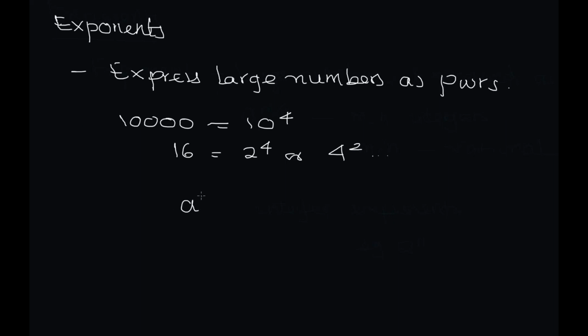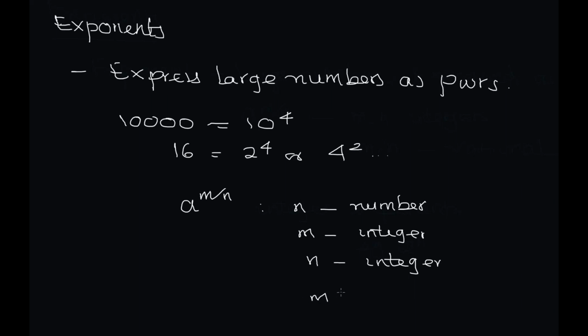So these are exponents, and we'll meet these as we go. Generally it's a power m over n, where a is a number, m is an integer, n is an integer, and then m over n will be our rational number, because m and n are integers. Remember, we defined rational numbers in our earlier video.